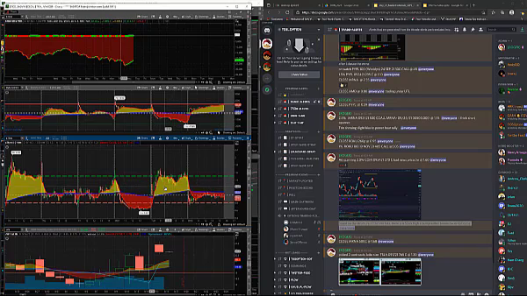But you can't really say the bears are in control for the past year. We're just a couple of percent away from 52-week highs. It's just the short-term outlook has been pretty bearish. This is short-term, 5-10 minutes.